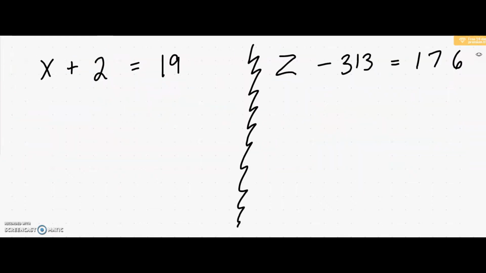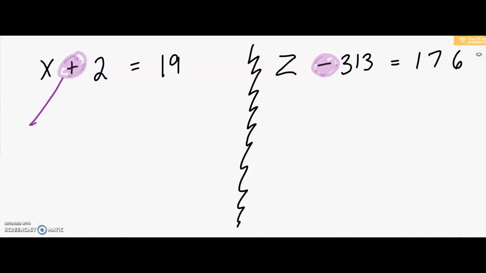For the last two problems, we're going to handle these the same way we did the other ones. Let me get out a nice highlighter. We'll go with a little bit of purple here. I'm going to look at the sign. The sign says add. The sign says subtract. I'm going to do exactly the opposite of what the sign says.